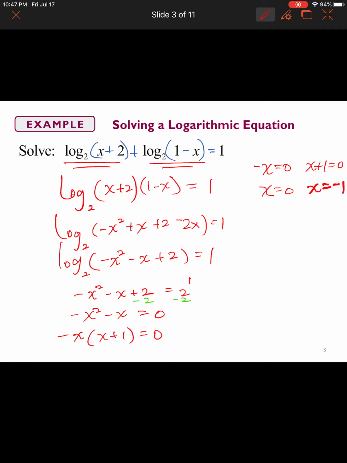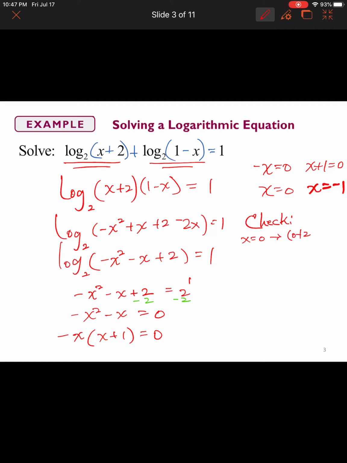Now, with logs, you want to make sure your stuff makes sense. So you want the expression, once you plug those solutions back in, to be greater than 0. Checking your solutions. Check x equals 0 first. All you have to do is plug it into your original equation.